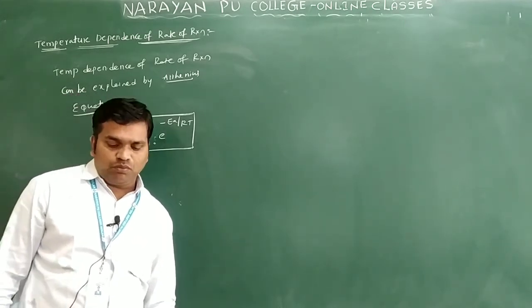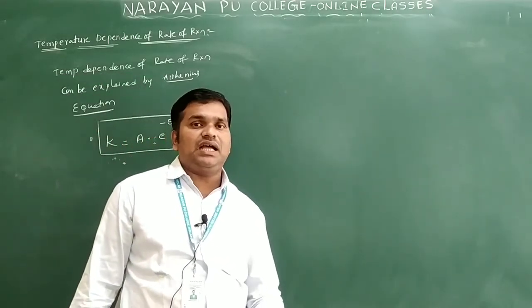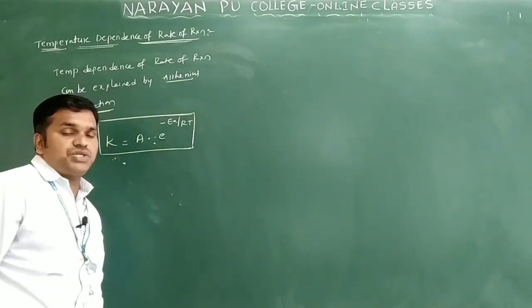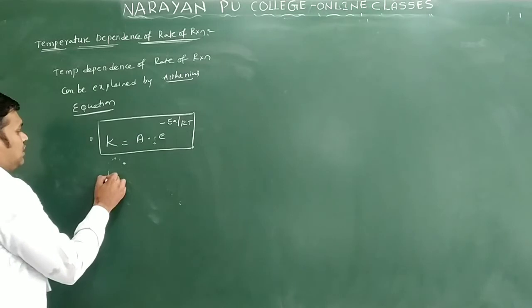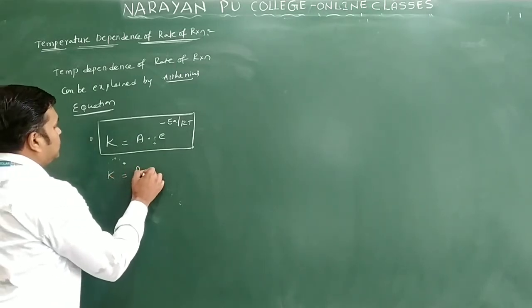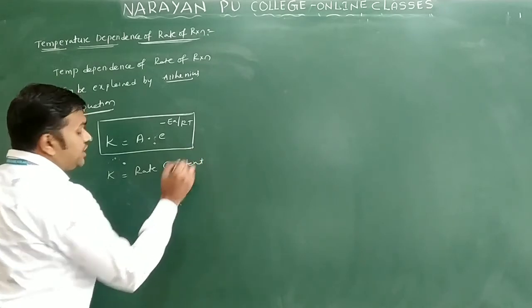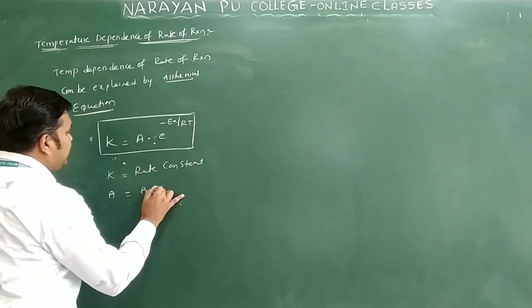Sometimes in the board exam they ask you to write the Arrhenius equation and express the terms involved. You will write K is equal to A into e power minus Ea by RT, where K is the rate constant and A is the Arrhenius factor.